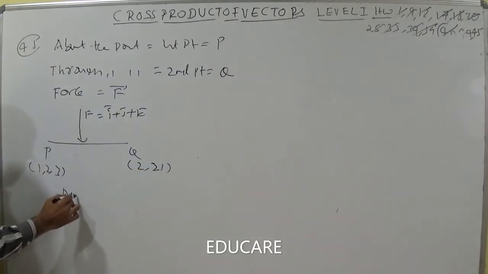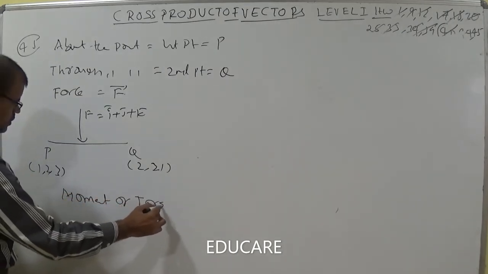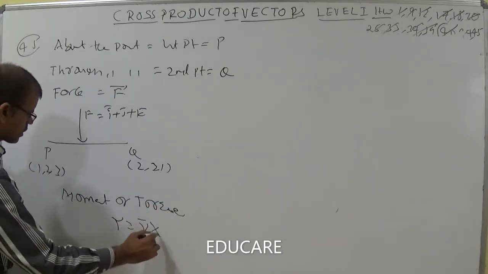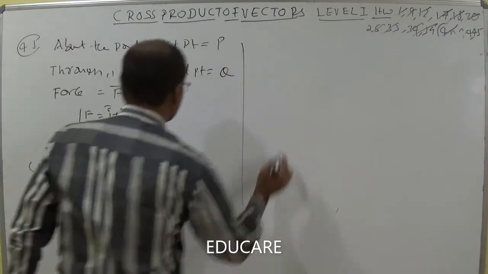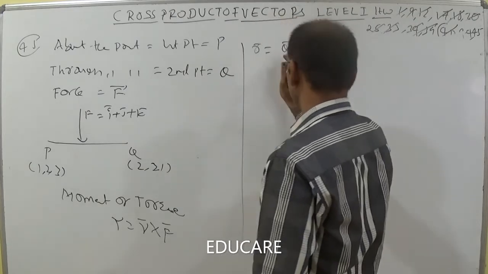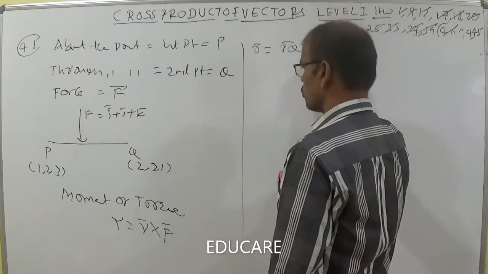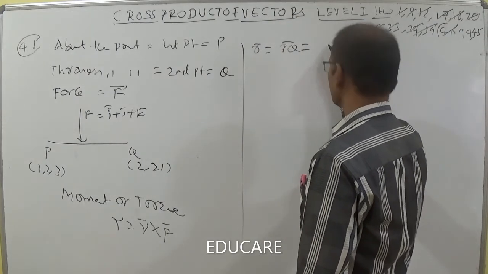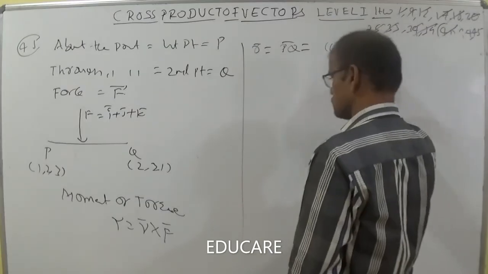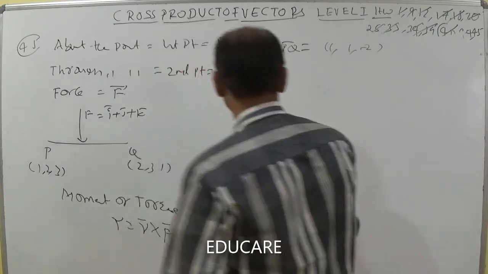Now moment or torque is indicated with the letter tau. Tau is equal to R cross F. What is R? QP is R. QP means go with the second letter, PQ here. Here PQ means R, OQ minus OP, you can write here 2 minus 1, 3 minus 2, 1 minus 3. This is for 3 students. 2, 3, 1 and 1, 2, 3.